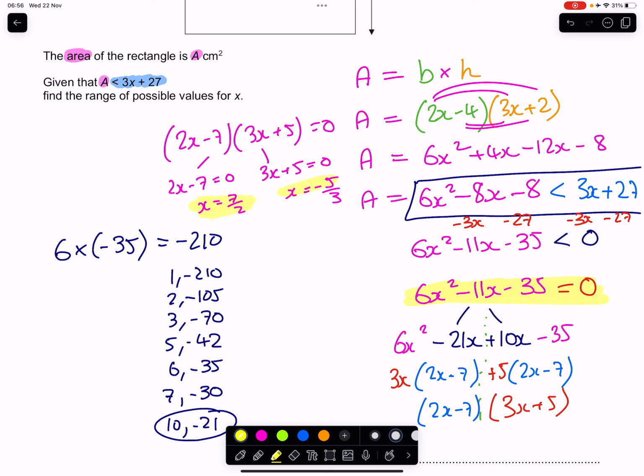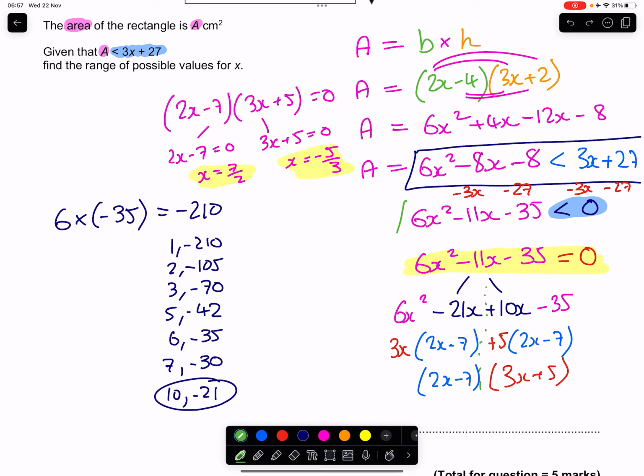Most of the marks for this question are found at this point, but then we have to actually consider that we don't have an equation, we have an inequality. So how do we know which way the greater and less thans are going to go in our answer? What you should do is a quick sketch of whether that is a U shape or an N shape.